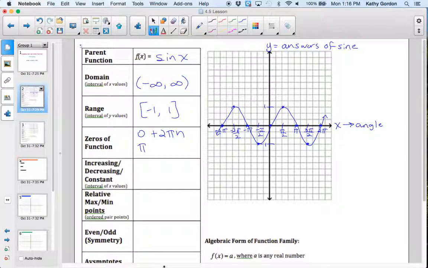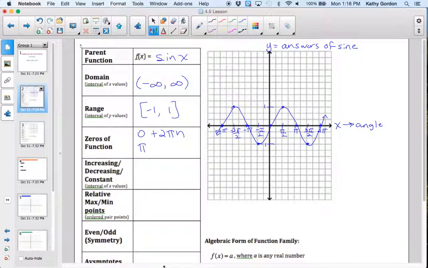Close, but n is going to be an integer. Okay? It has to be an integer. It can't be a fraction, because it has to represent how many full cycles we're going through. So if n is a positive integer, then we continue to rotate counterclockwise and continue out this way.